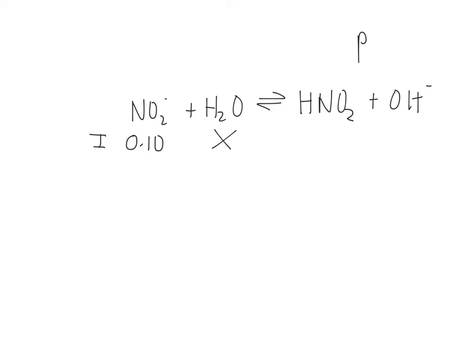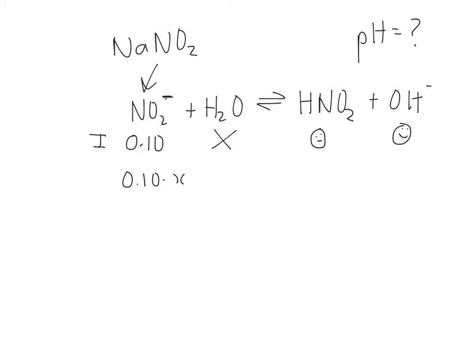Remember, you want to know what the actual pH is, so keep your eye on what it is we're actually trying to solve for. This concentration, 0, because remember, we put in sodium nitrite into solution. So you have some of that at 0.10 moles per liter. You don't have any of this guy, and you don't have any of this guy because we're ignoring autoionization of water. So the equilibrium will be 0.10 minus X, X and X.